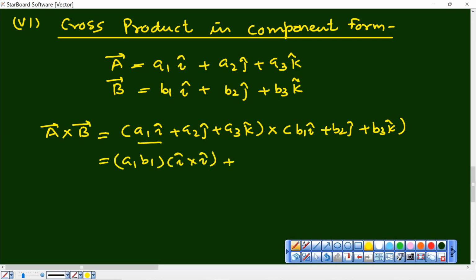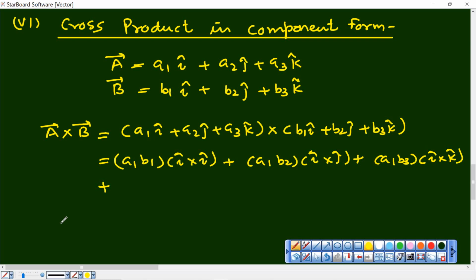Then this on this would be A1 B2 i cap cross j cap. This on this is A1 B3 i cap cross k cap. Plus it continues, because there are 9 different distributions.